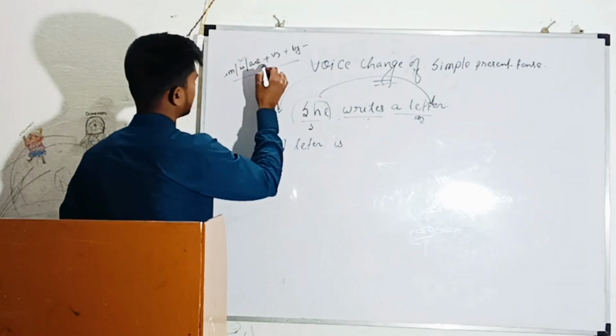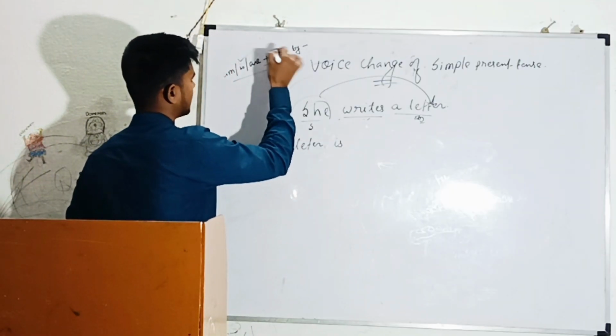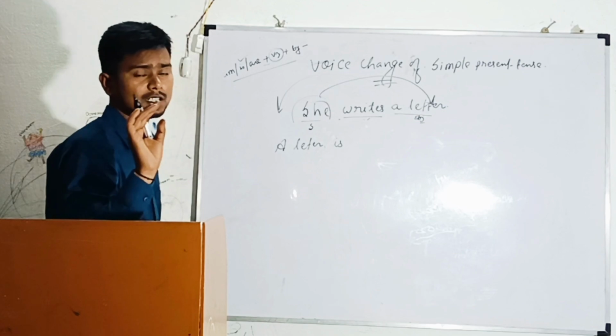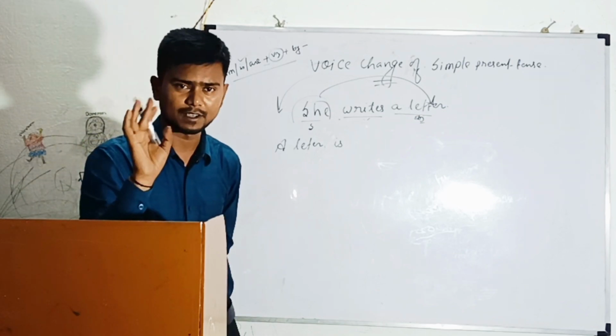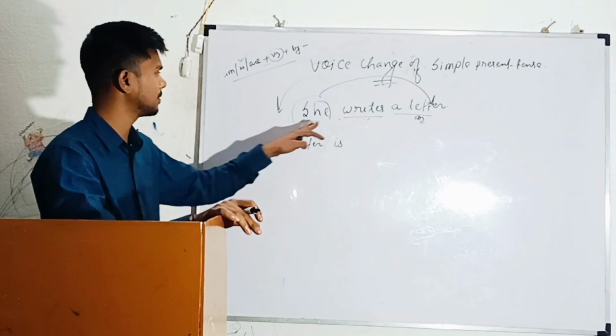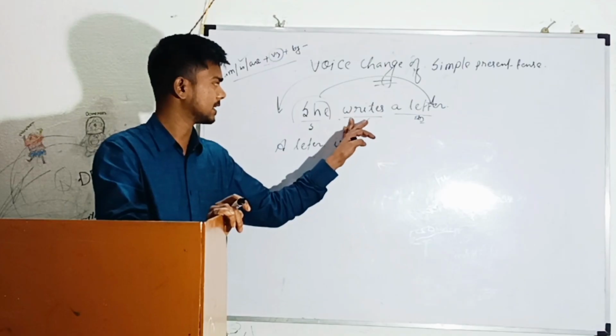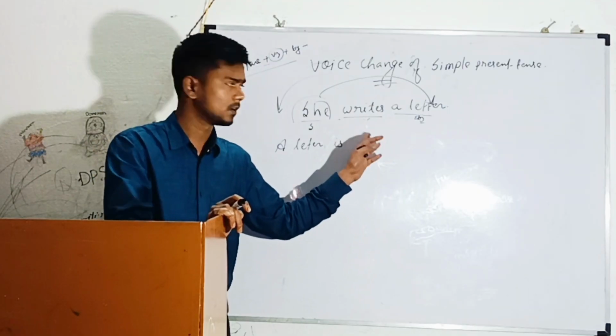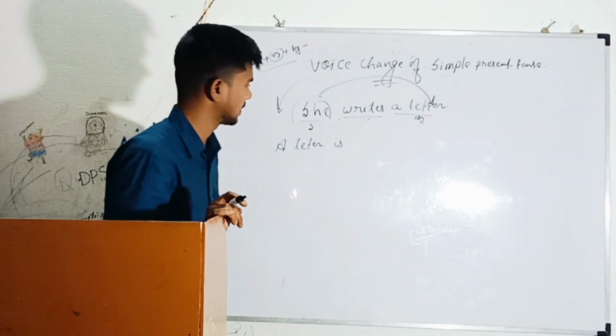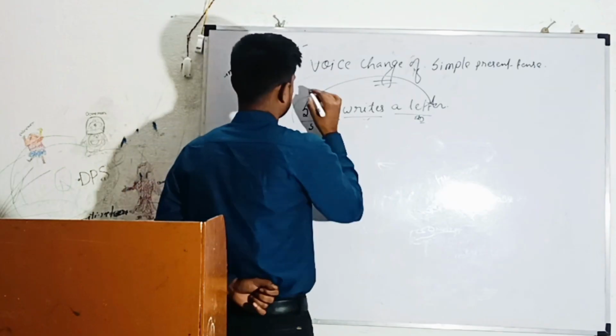Now after that, plus V3 is given. V3 means the past participle form of the verb given. The verb given is write, and the past participle form of write is written. Let's write here: written.